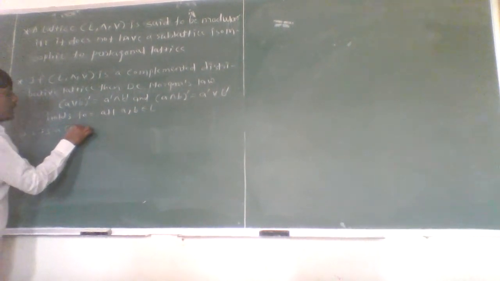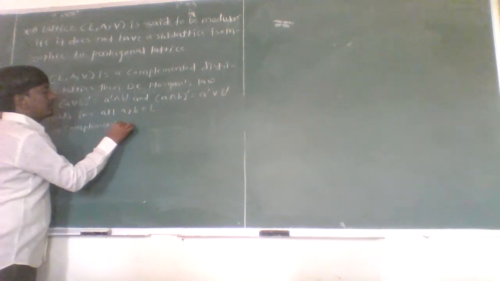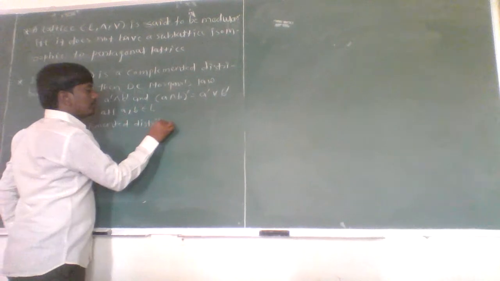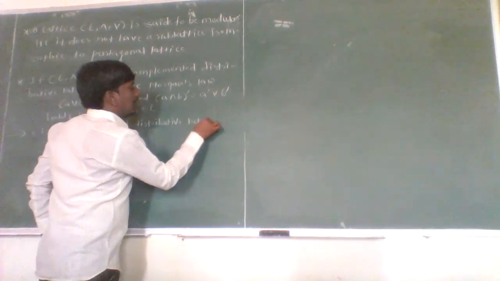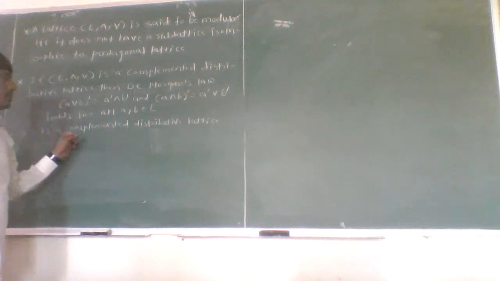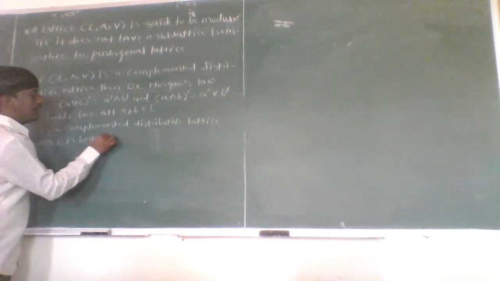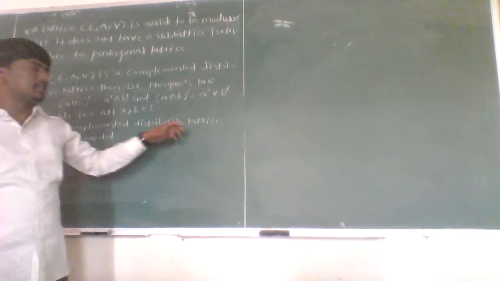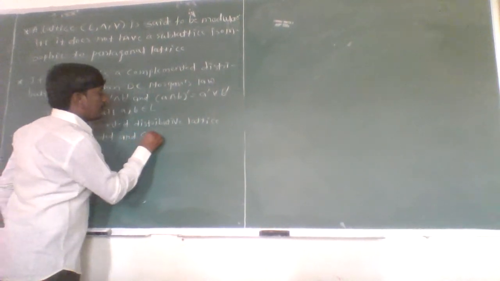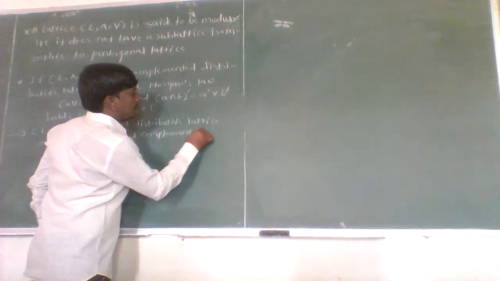As here it is given that L is a complemented distributive lattice, it is both complemented and distributive.